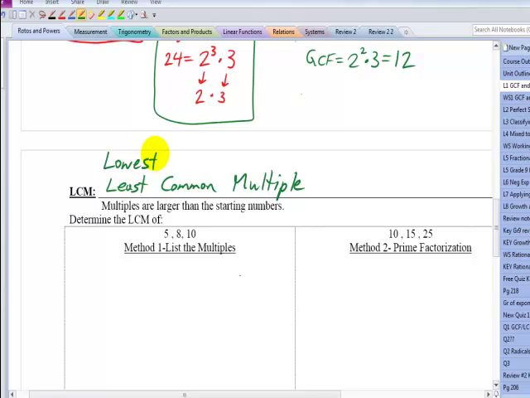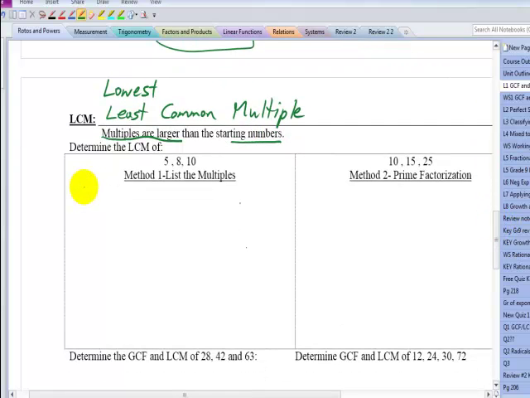Notice that multiples are larger than the starting number. So we're looking for numbers larger than what we have. So first of all, let's just list the multiples of 5. 5, 10, 15, 20, 25, 30, 35, 40. Okay, I'm out of space. Pretty tedious, isn't it?